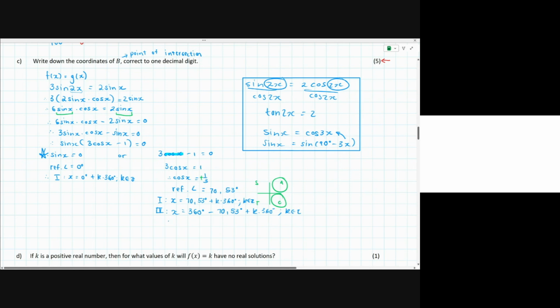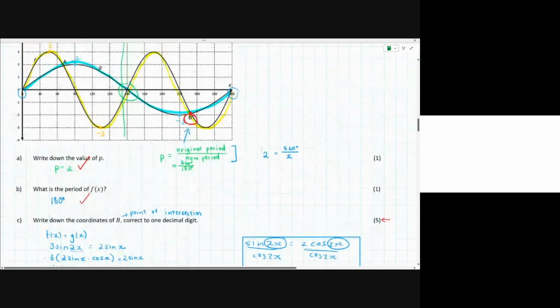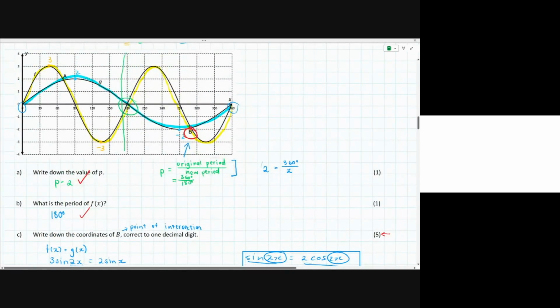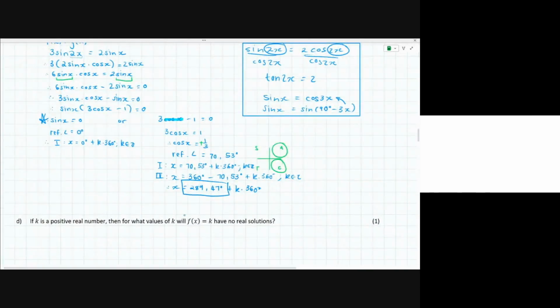And what we get when we say 360 minus is 289.47 degrees. And if we go back to look at where B is, it's about 287.4 if you were to read it off. So we can get our X value. And then all we do to get our Y value is we substitute this angle into either one of our equations.